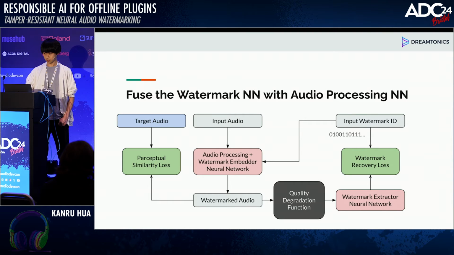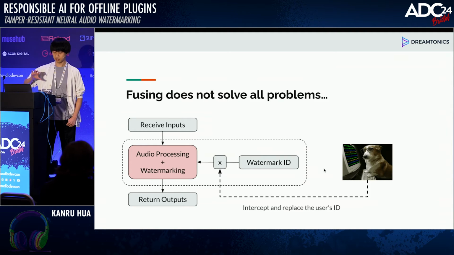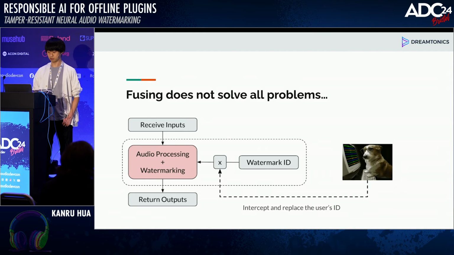But there is a caveat, because if you look at the right-hand side of the graph, there's still the input watermark ID. The ID for the user has to be sent to the program from somewhere. And even if the hacker is not taking out the watermarking neural network, they can still intercept the ID and just replace it with all zeros or ones. And you're still as good as having no watermark, because it's a damaged watermark.